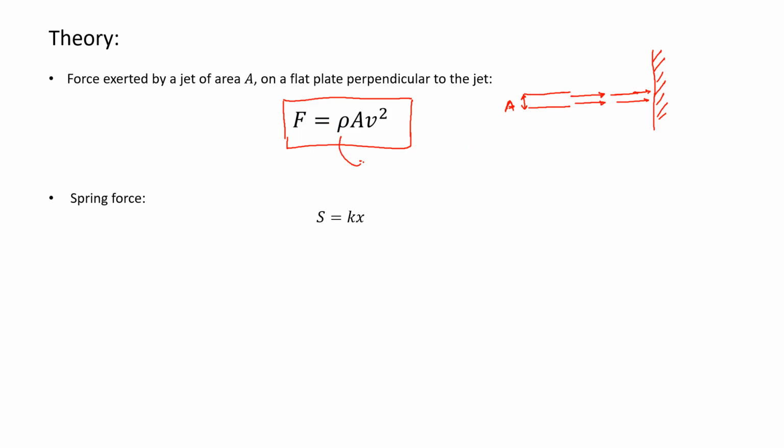So here rho is the typical density of your fluid. A is the area of cross section of the jet, and v is the velocity with which the jet is flowing perpendicular to the plate.